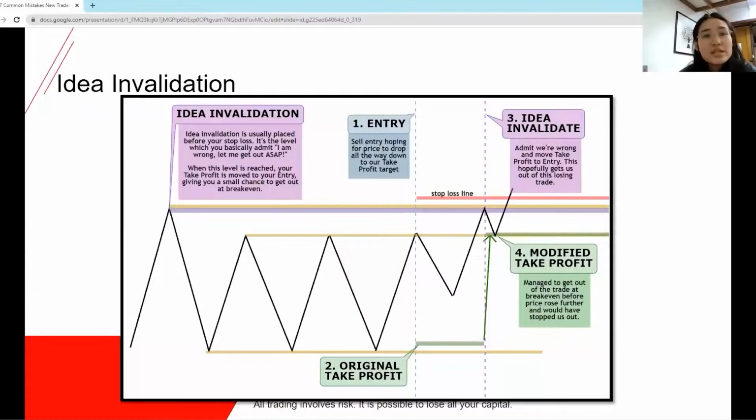Okay, so let's take a look at this example here. Our entry is over here at this multiple swing high, and we're hoping for price to drop all the way down to our take profit target, which is over here. If we follow price, we can see that it reversed off over here and is headed back up.